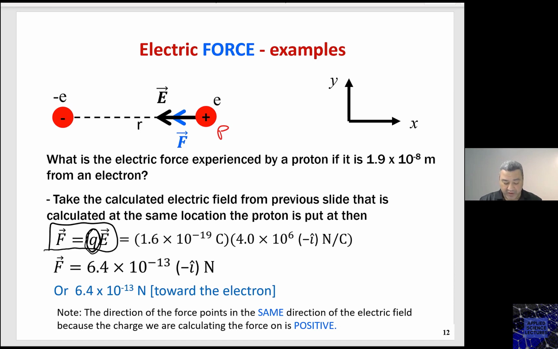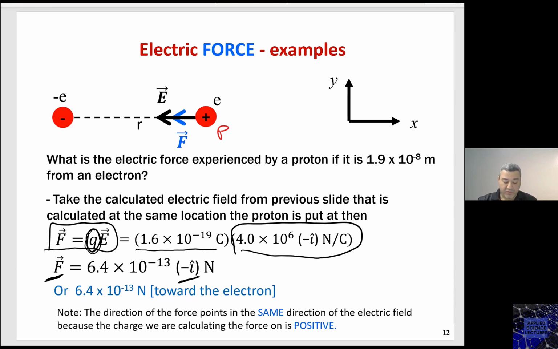So if I substitute the electric field that I got earlier, 4 times 10 to the power 6 minus i hat, times this positive charge, 1.6 times 10 to the power minus 19, I get the force in the same direction as the electric field.